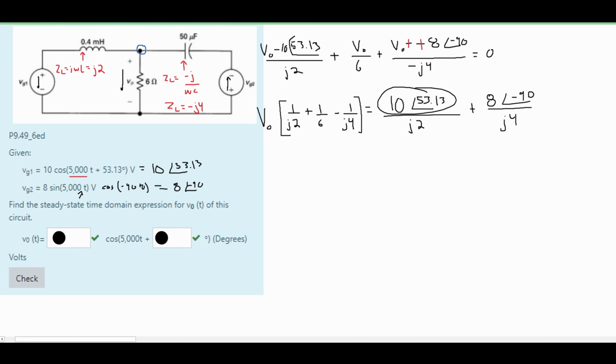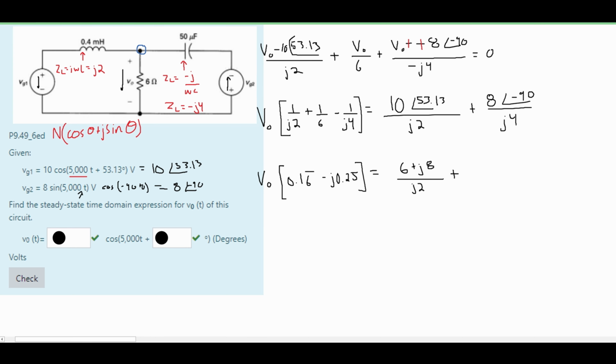And then we are going to convert these to rectangular form because we need to divide it by our j2. And to convert to rectangular form, we know that we are going to use the number, parenthesis, cosine of our angle, plus j times the sine of our angle. This is going to be our new equation.